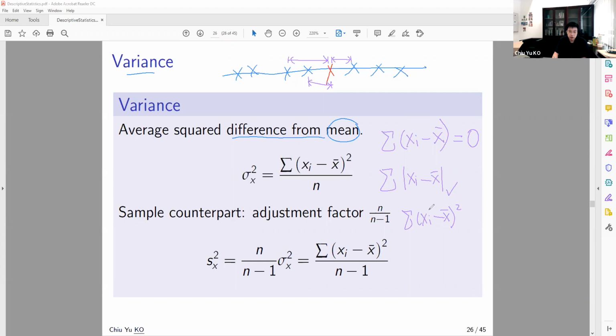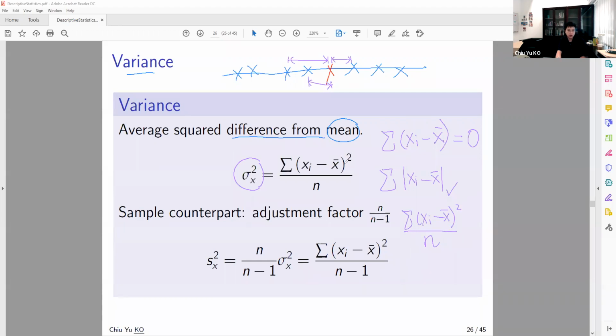And because you also don't want to be affected by the number of observations, you divide by n, okay? And that's why we call this the variance, okay? This is called sigma square x. It's adding all the observations minus the mean and taking the square.